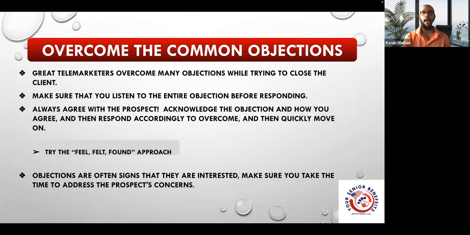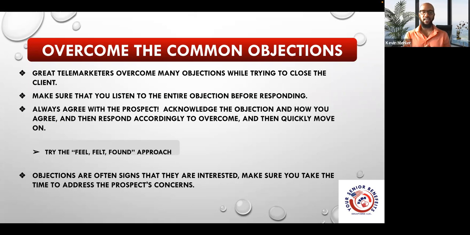All right. And then how do we overcome common objections? Now, great telemarketers overcome many objections while actually trying to close the sale. And one way to do that, guys, the best way to do it in my opinion, is to take away the objection by giving all the information that you're supposed to give and answering all of the questions before they're asking the question, right?